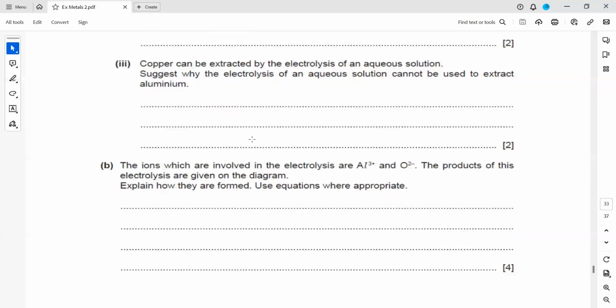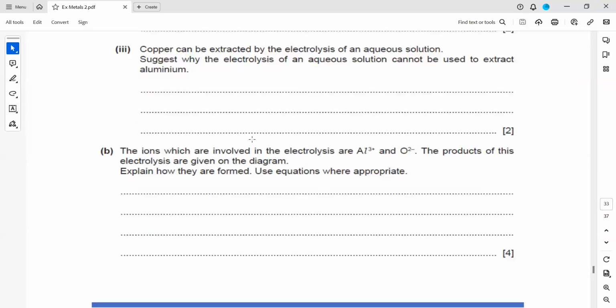Copper can be extracted by electrolysis of aqueous solution. Suggest why the electrolysis of aqueous solution cannot be used to extract aluminium. They're saying we can use aqueous copper solutions, like how we do for extraction of copper. We take electrodes.